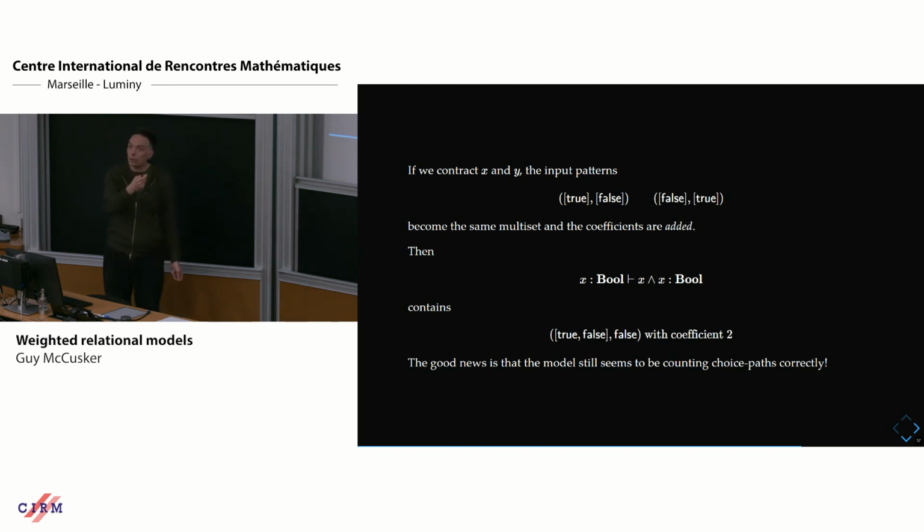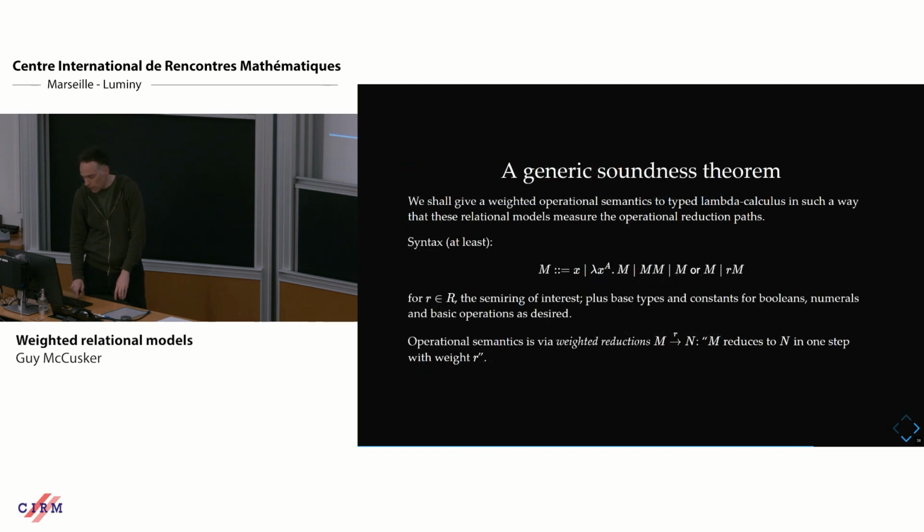So you get the coefficient 2. So even if what you want to model is probabilistic choice, you still are going to have to use some coefficients that are outside the unit interval, which is slightly annoying. But the good news is that it still seems to be counting the paths, the kind of operational paths through the thing correctly. So that's kind of good.